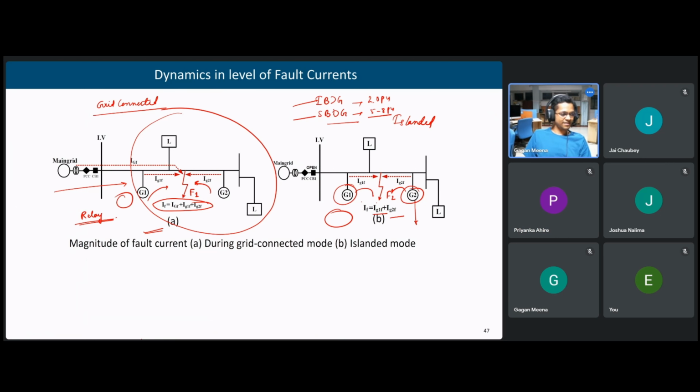Either we have to adopt some adaptive technique which can see every time what is the network topology and what are the types of inverters which are connected in the microgrid, and then repeatedly keep on adapting the relay setting so that the fault can be detected. So this is a problem. This is a big challenge.